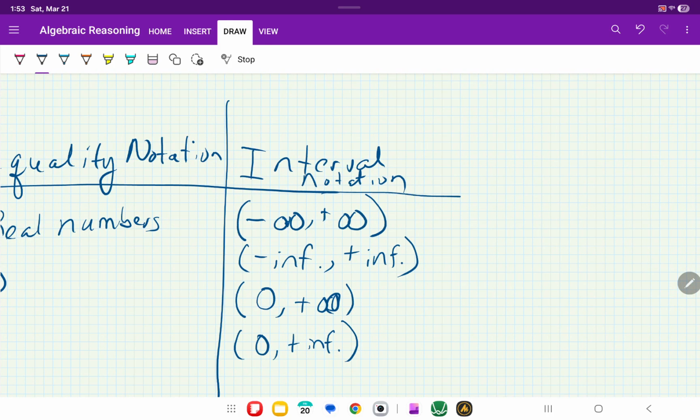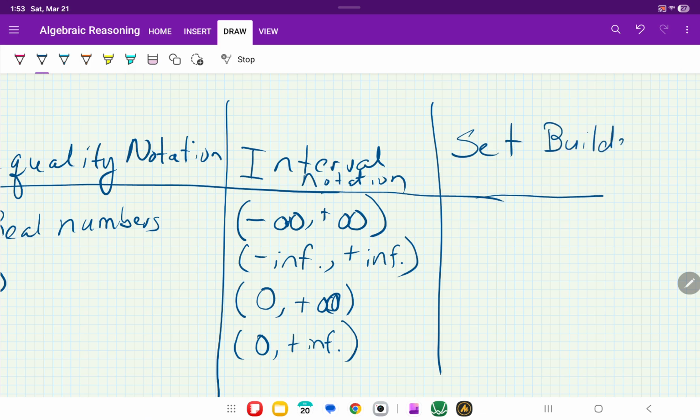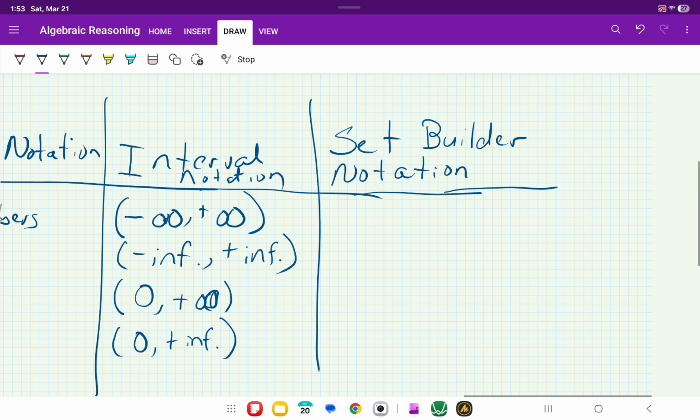And then we also have what is called set builder notation. Set builder notation is used when we have a discrete function instead of a continuous function. We have a continuous function right now because most parent graphs are continuous functions. You use set builder notation a lot in probability and statistics.